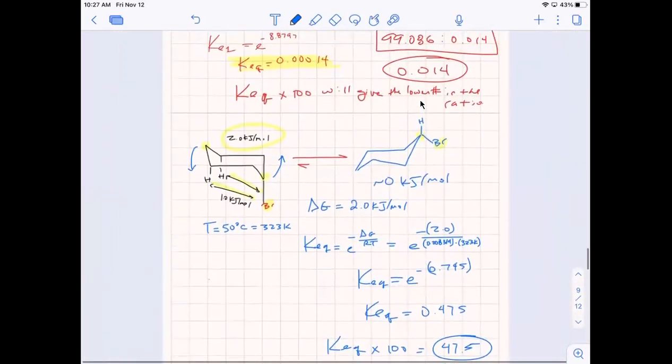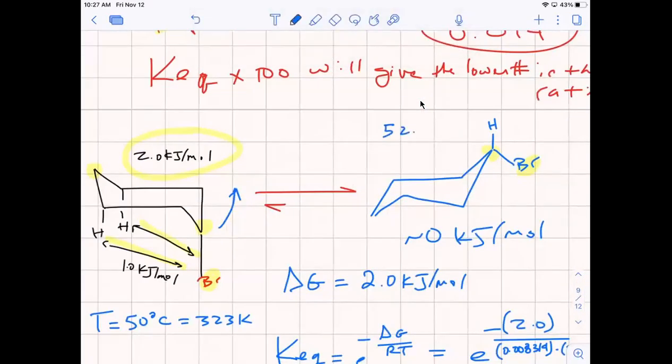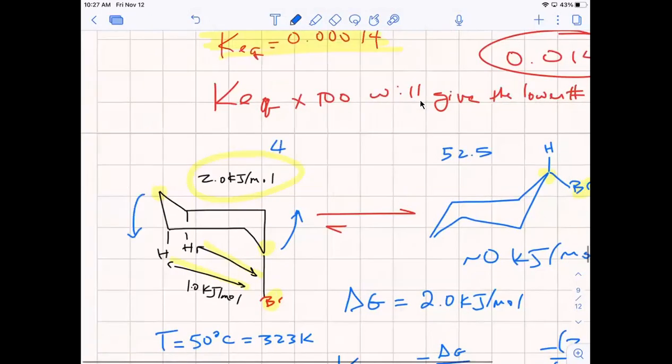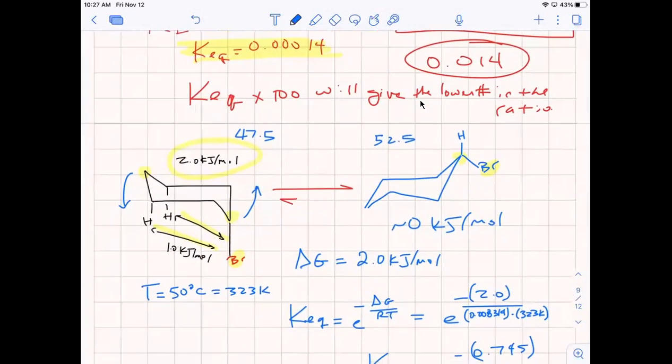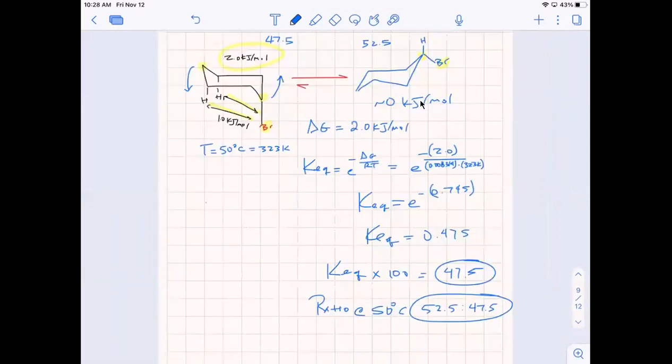Right, so the 52.5 is going to be here. So that's not that much of a difference at higher temperature either. That's not that much of a difference at all. Questions about this? So the ratio for the flipped chair comes first always?